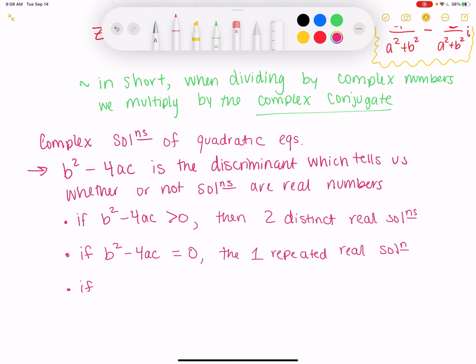And if b squared minus 4ac is less than 0, then a complex conjugate pair of solutions. I remember this, and this is what I struggled with.